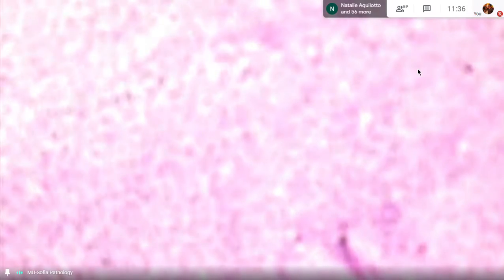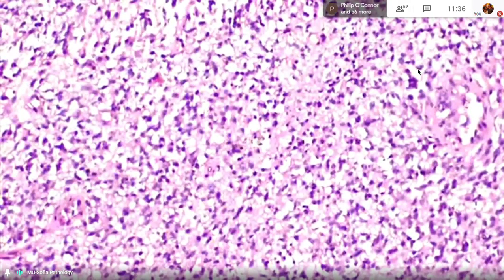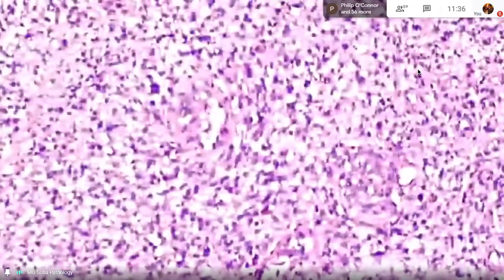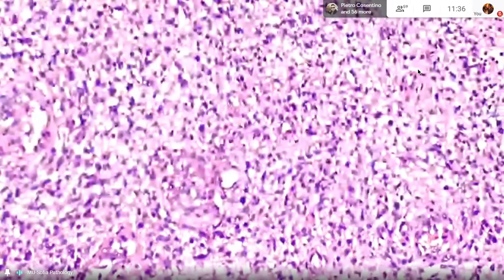You can see such large areas that are highly hypercellular, and this is because you have a lot of cells proliferating. Even in these areas, you can see that there is also proliferation of the vessels here with formation of secondary lumens.